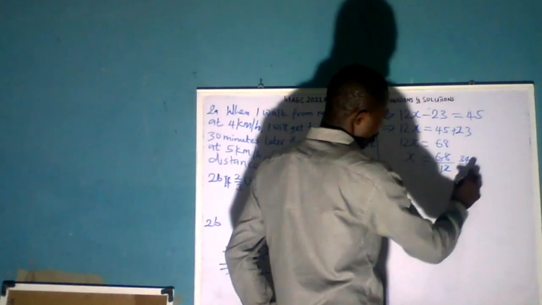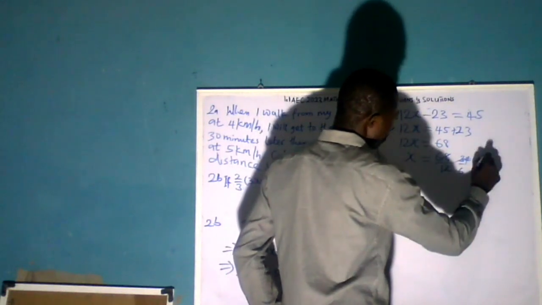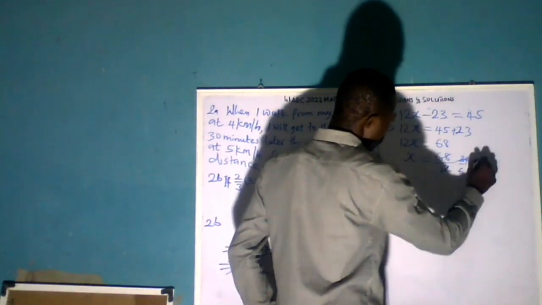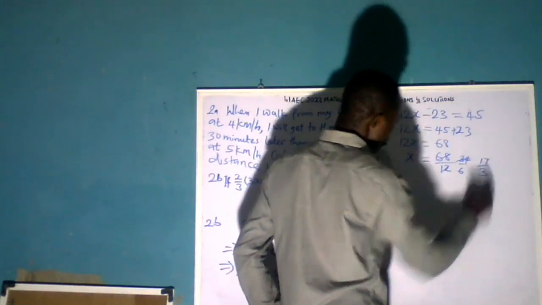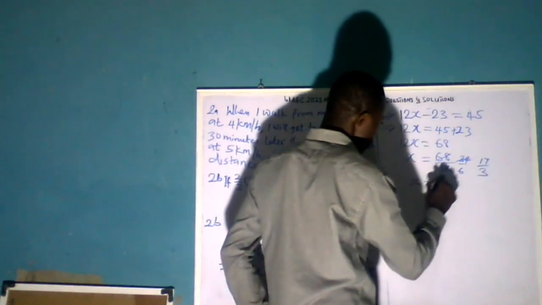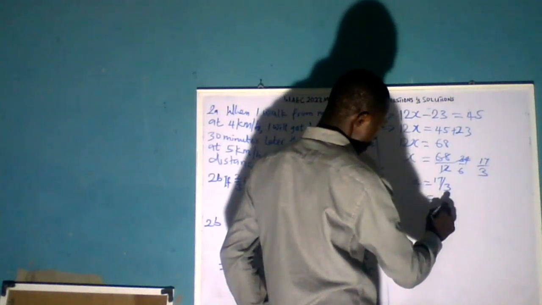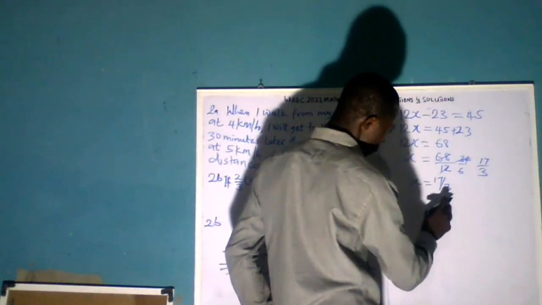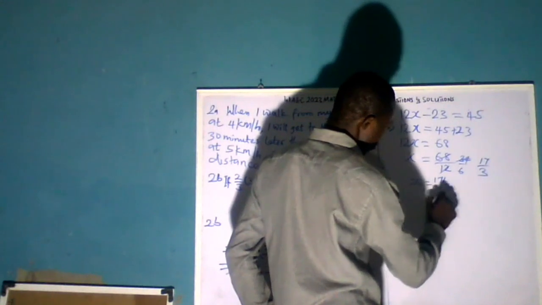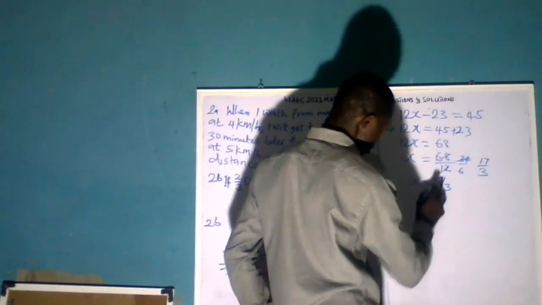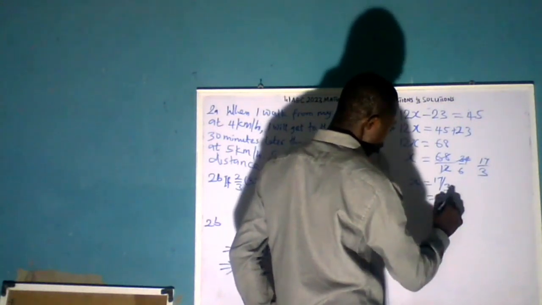And of course 2 here, you have 17, 2 here, you have 6. So x is equal to 17 over 3, which is equal to 5 whole number, remainder 2, 5 whole number 2 over 3.